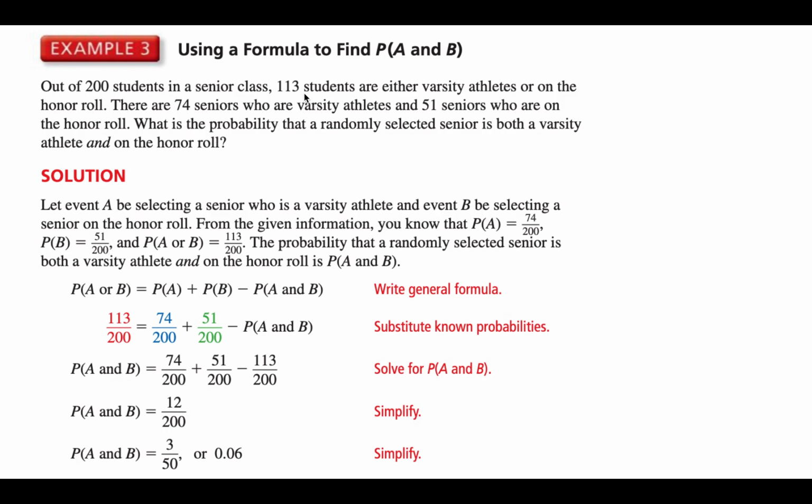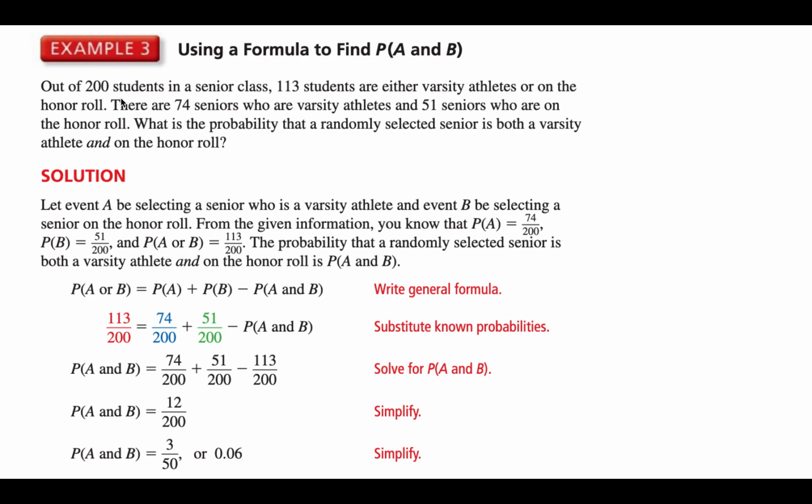Well, they told us 113 students out of 200 are varsity athletes or on the honor roll. So we plug that in for the probability of A or B. What's the probability that they're varsity athletes? Well, 74 out of 200, because 74 out of 200 seniors are varsity athletes. What's the probability that they're on the honor roll?